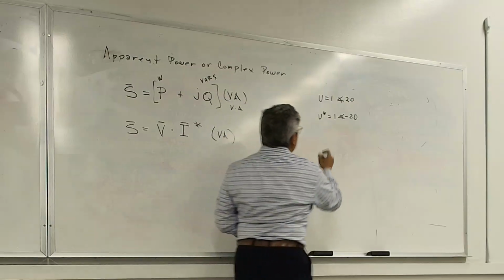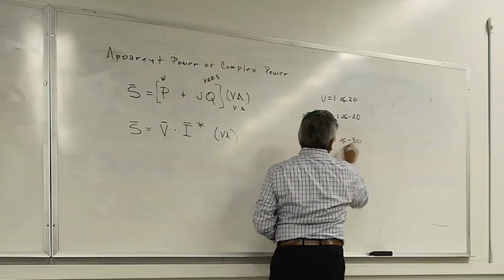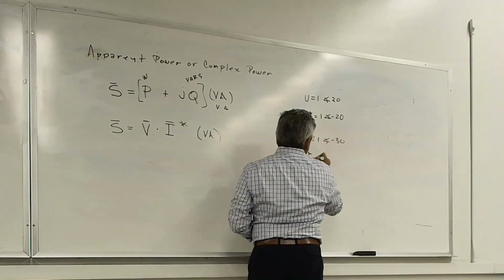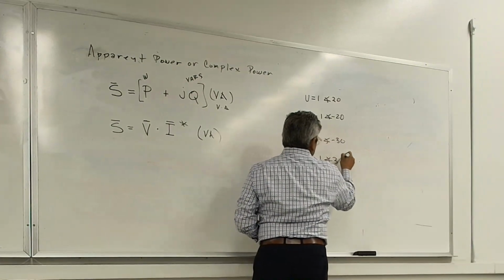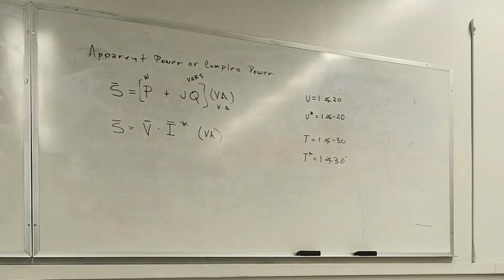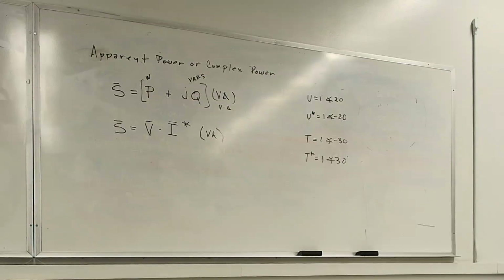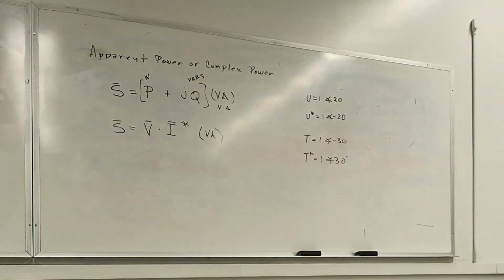So if I have T equal to 1 angle minus 30, T conjugate is equal to 1 angle 30. This is the conjugate of the current. And if you don't negate the angle, you're going to get the wrong answer, because what we're after is the angle between the voltage and the current.